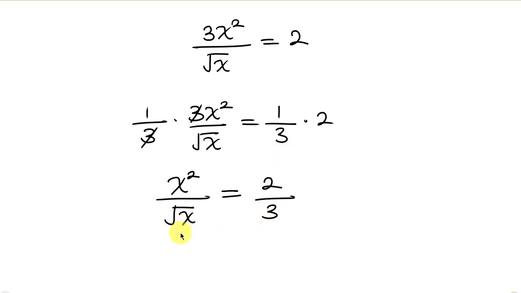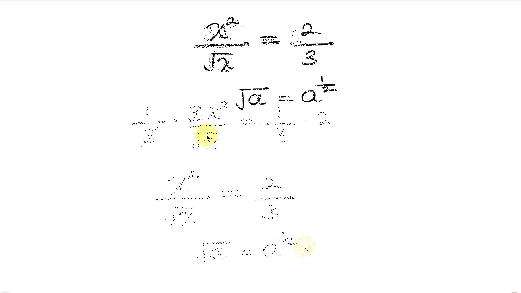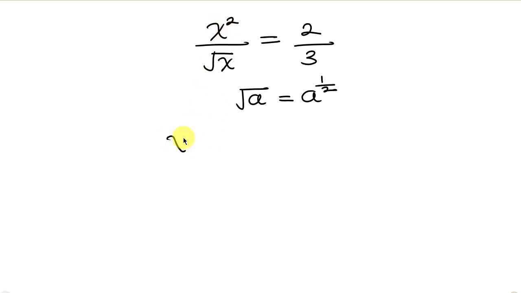Now, there is a law of indices that says when I have, for example, the square root of a, this is the same as a to the 1 over 2. That means this square root of x can be written as x to the 1 over 2. So this becomes x squared all over x to the 1 over 2 equal to 2 over 3.